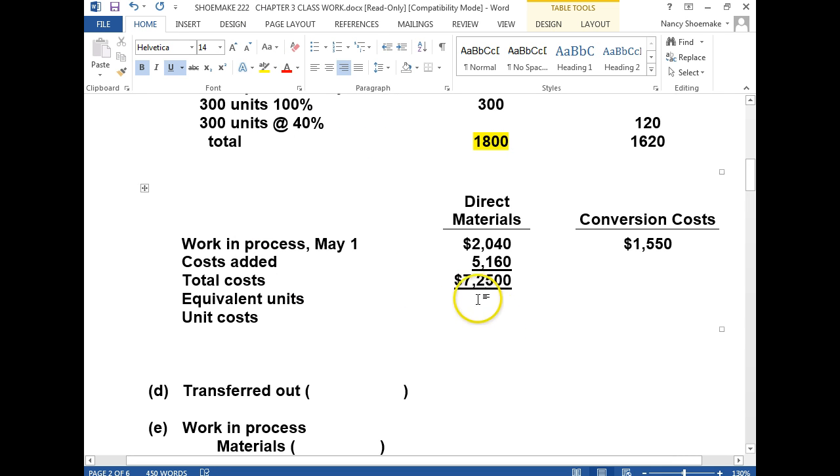So our unit cost, if we take our 7,200, and if we divide that by our 1,800 units, what's our equivalent cost, or our cost per unit? 7,200 divided by 1,800 is how many dollars a unit? $4.